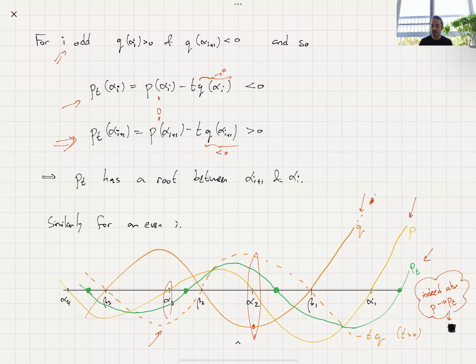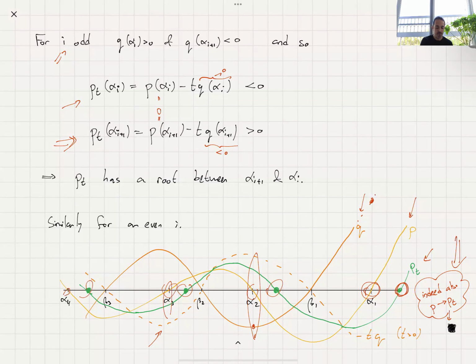Now, also by the picture, you can see that P interlaces PT. That's the second thing that we wanted to prove. Because we said that the largest root of PT, now we know it's the max root, is to the right of the max root of P, and then they interlace like that.